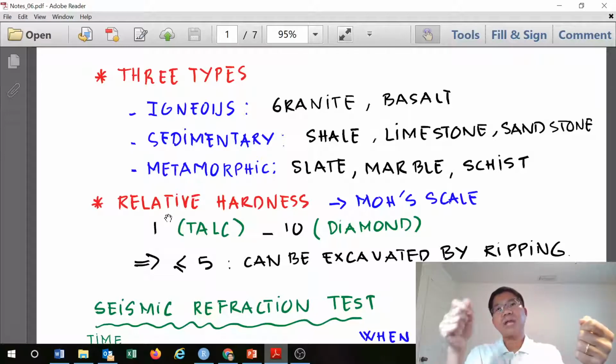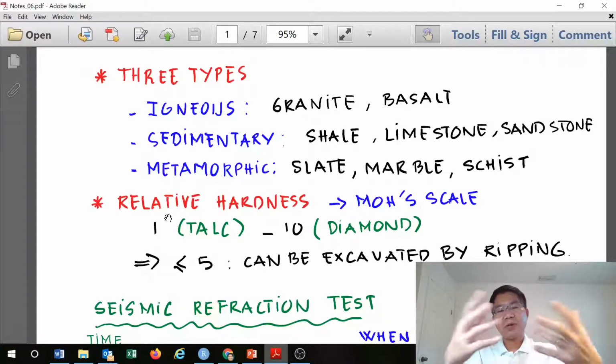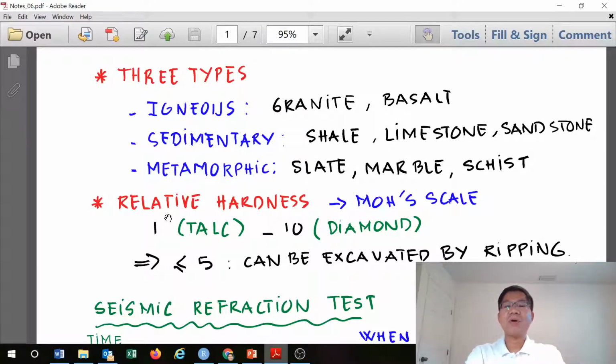So we can use a knife to scrape the rock, and because of that you can use an excavator, hydraulic excavator, to excavate the rock that has Mohs scale 5 or less. So with that, we can apply the lesson we learned in lesson 2-3 to determine that.